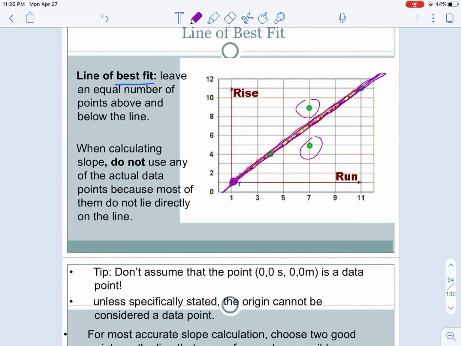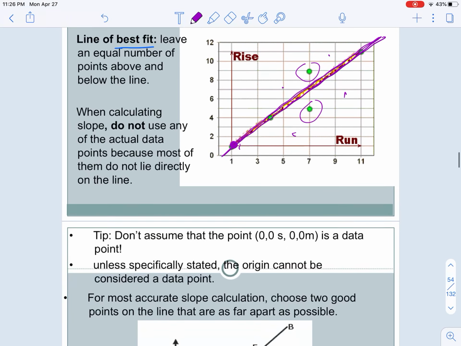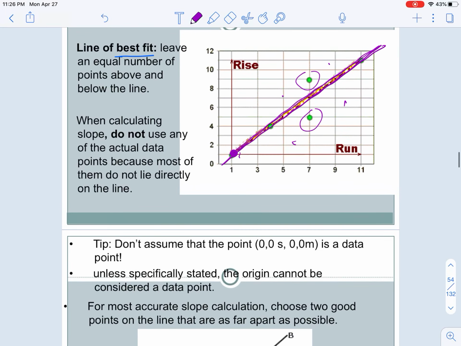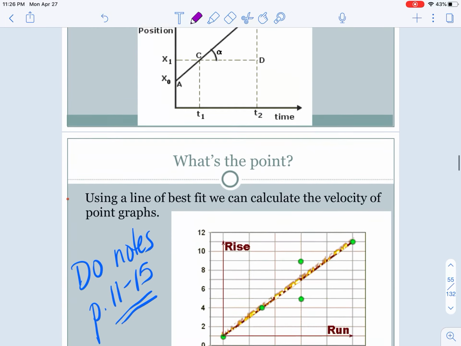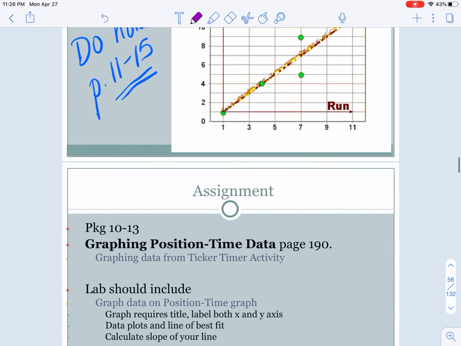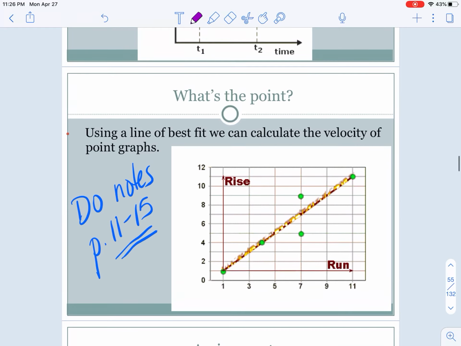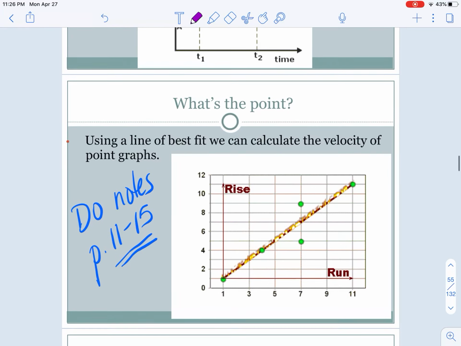If you ever have to do a best fit line, that's how you do it. I usually take a ruler, lay it on what I think is most of the dots, and if there's a few dots outside on both sides, you know you're just taking the spot that's the most significant of the average line that there is.